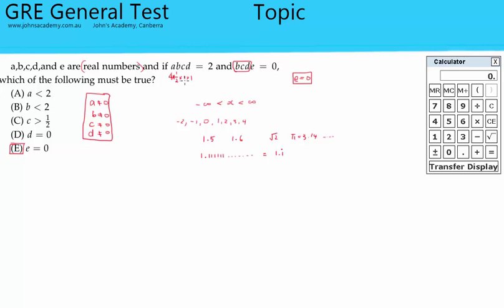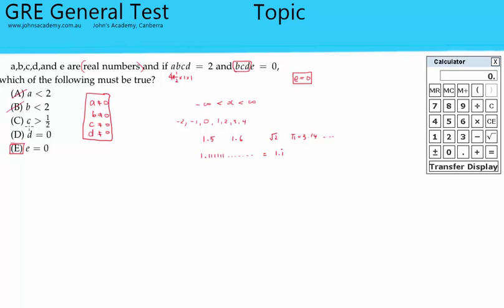So in this case, we have A times B times C times D equals 2. So A doesn't have to be less than 2, and neither does B have to be less than 2. So these two are out.